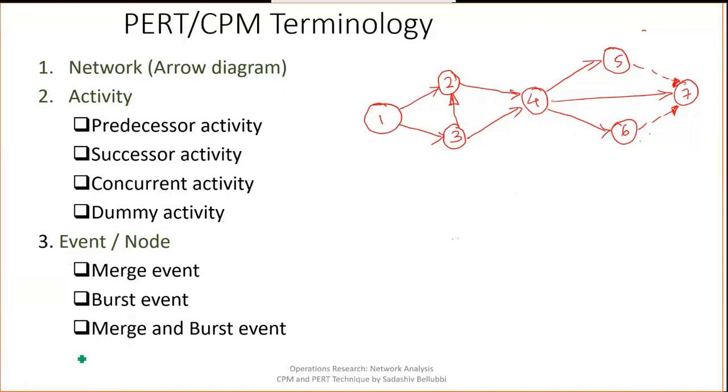In the diagram, we can see that 4 and 7 are merge events, because at 4 and 7, more than one activity is arriving.